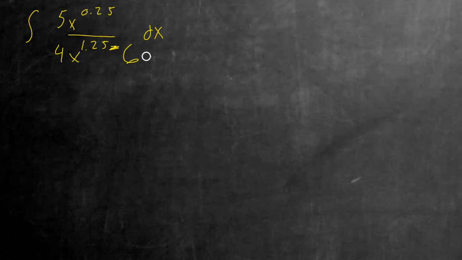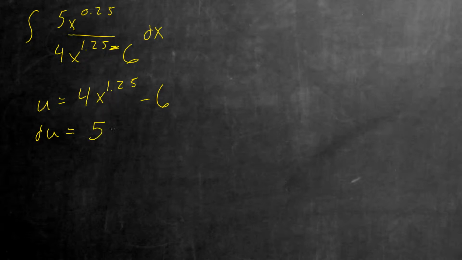So let's try this whole thing as our u. u is 4x to the 1.25 minus 6, du is 1.25 times 4, which would be 5x to the 0.25. That ends up being quite convenient. And then that 6 goes away.